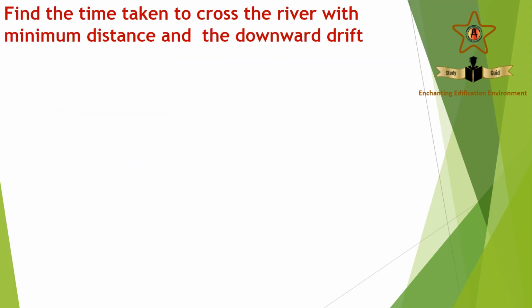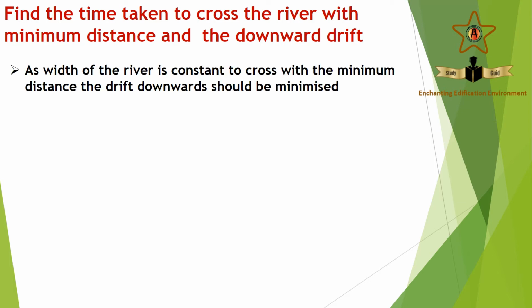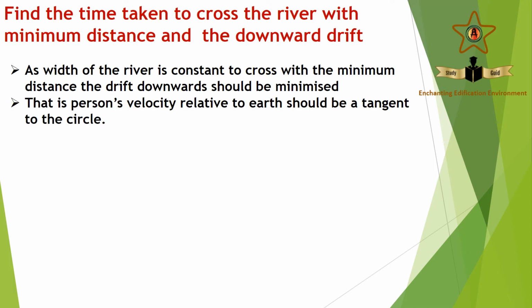Now we are going to find the time taken to cross the river with minimum distance and the downward drift at that time. We know the width of the river is constant, and to cross the river with the minimum distance, the downward drift should be minimized. This can be done when the person's velocity relative to Earth is a tangent to the previous circle.